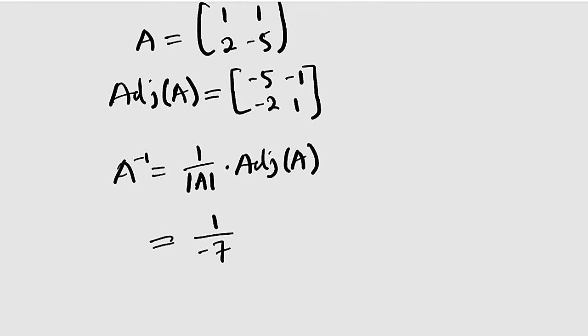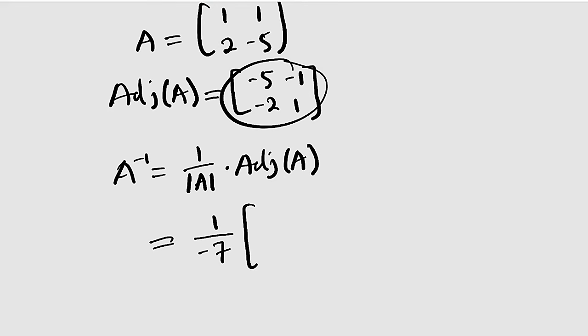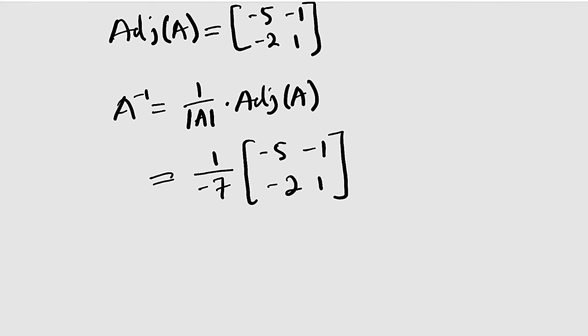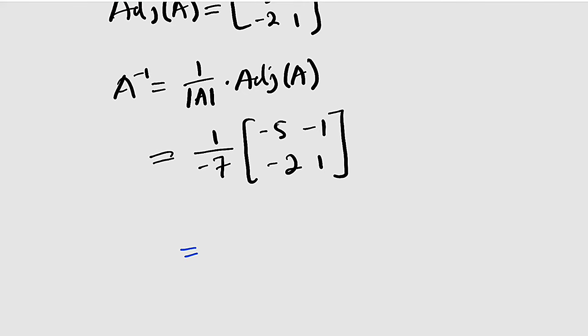Negative 7. Then multiply everything by the adjoint of the matrix A. This is the adjoint of the matrix A. Negative 5, negative 1, negative 2, and 1. So let's multiply them together. This is a scalar multiplication. Take this scalar, multiply by every single entry.